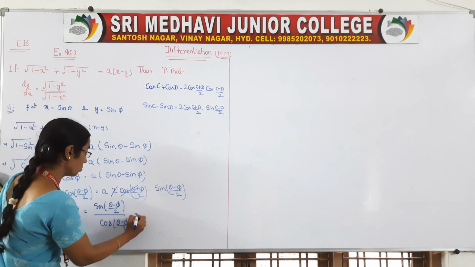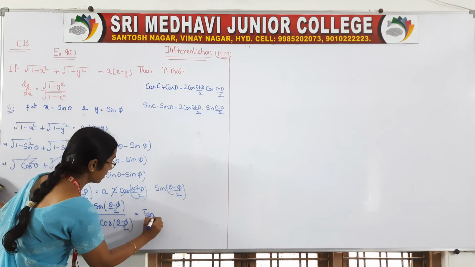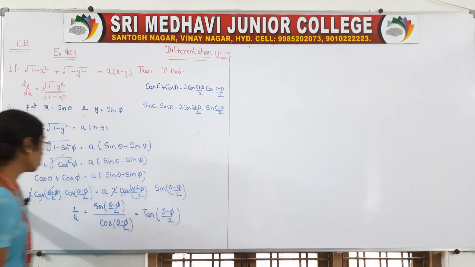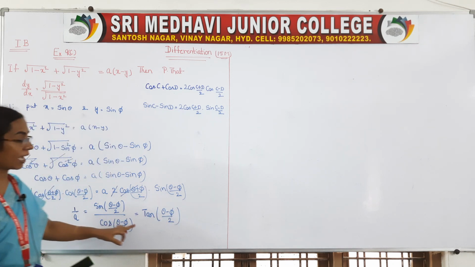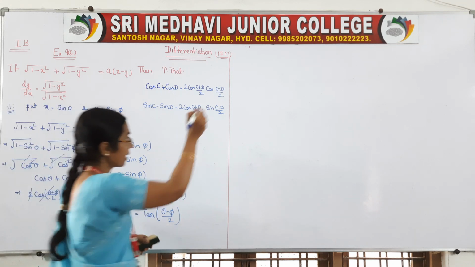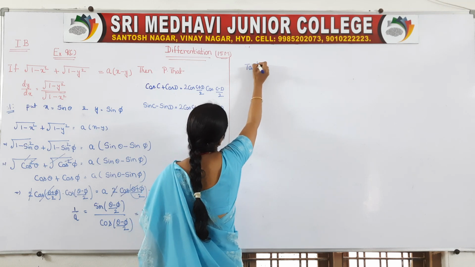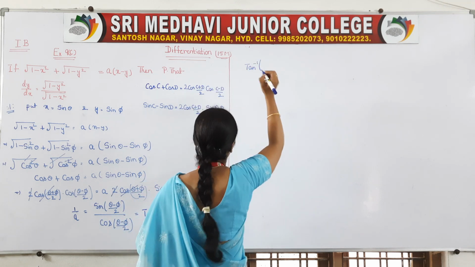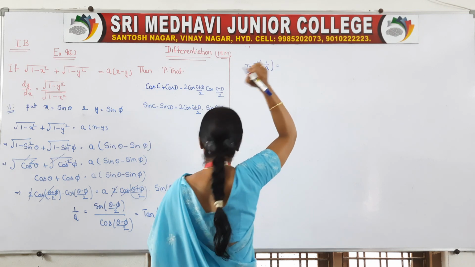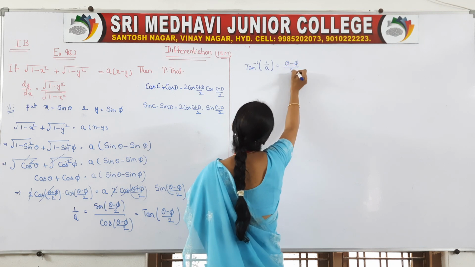So it is equal to sin by cos. It is a tan, right? So it is tan of (theta minus pi by 2). So 1 by A is equal to tan of (theta minus pi by 2). Send tan to this side. What happens? It becomes inverse, right? So it is tan inverse of 1 by A is equal to theta minus pi by 2.